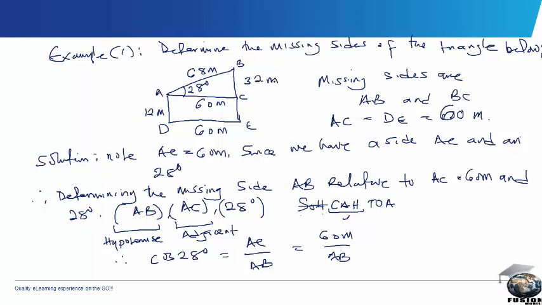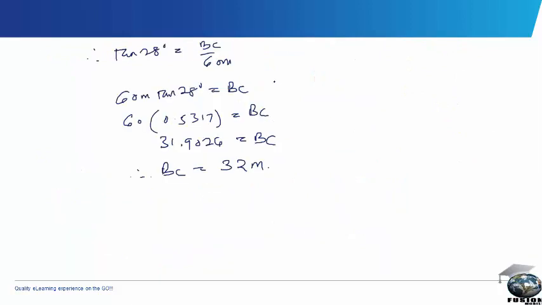These are the methods you can use to find the missing sides. Sometimes you might be asked to find the missing angles, and maybe you are asked the following question. Let's take that as our example 2. Maybe you are told that sine theta is equal to 4/5.